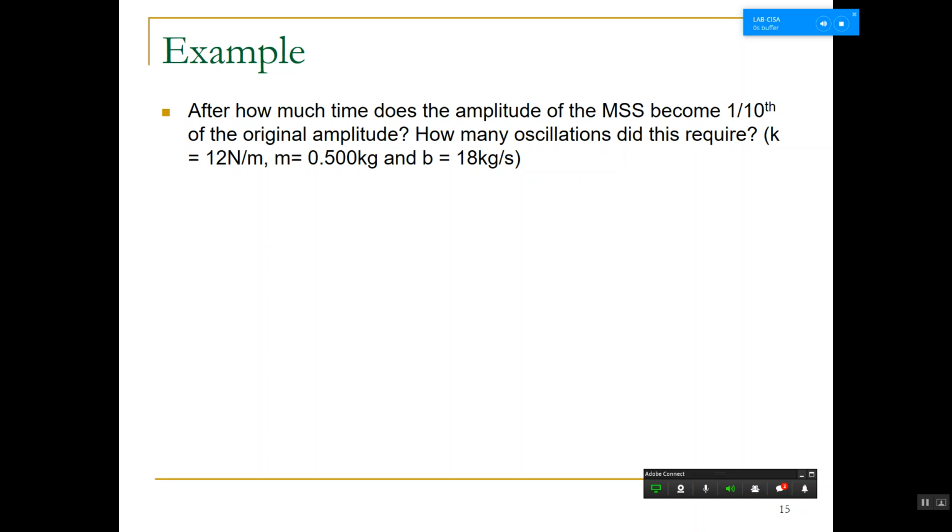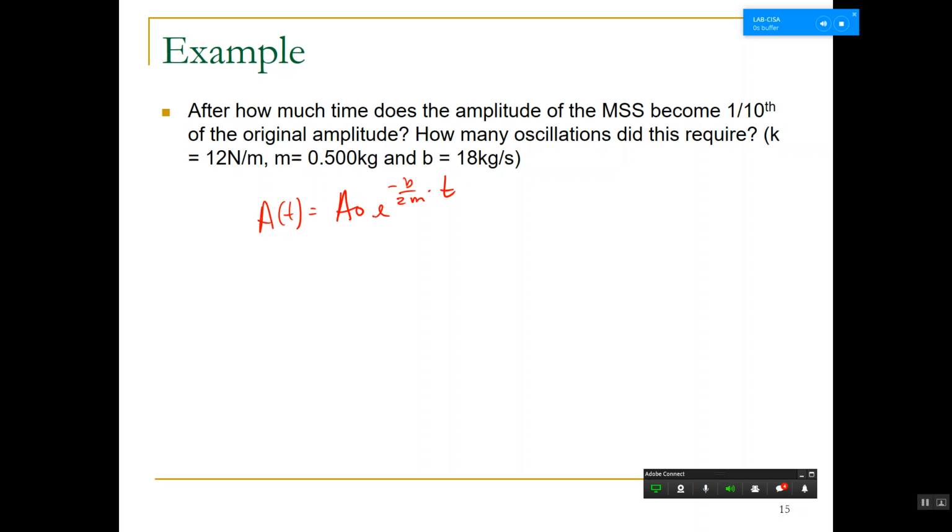So what you would do is look at your amplitude equation. You know that the amplitude with respect to time is equal to your original amplitude multiplied by the factor that I told you guys about, this. And the times time, you're right, because we're solving for time.